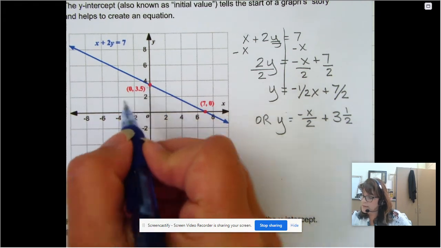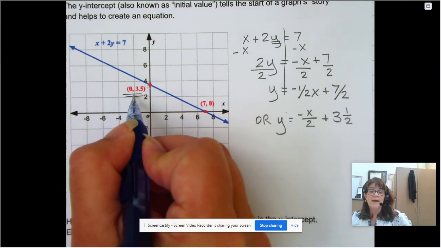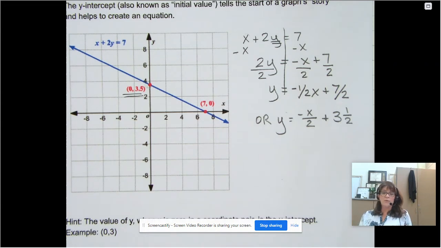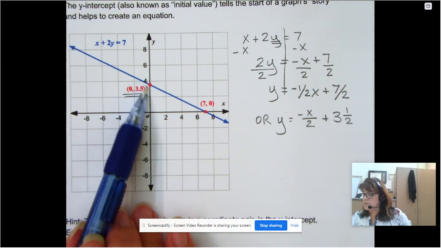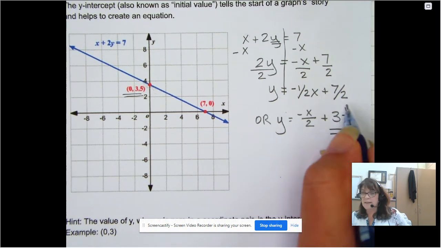Look, 0, 3.5. That is the y-intercept. So the entire thing I want you to take from this lesson is that finding the y-intercept is where the line crosses the y-axis, and this is where it fits in the equation.